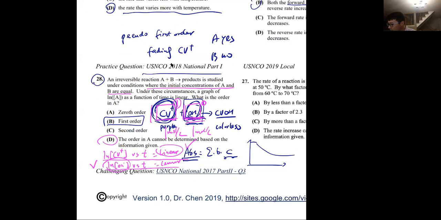And when 1 mole of CV plus is consumed, 1 mole of hydroxide is also consumed. So if you plot the logarithm of hydroxide versus t, you also get a linear relationship. Do you agree with this conclusion? And then, obviously, your conclusion is different from the real case, because the real case is not first order, it's 0 order.